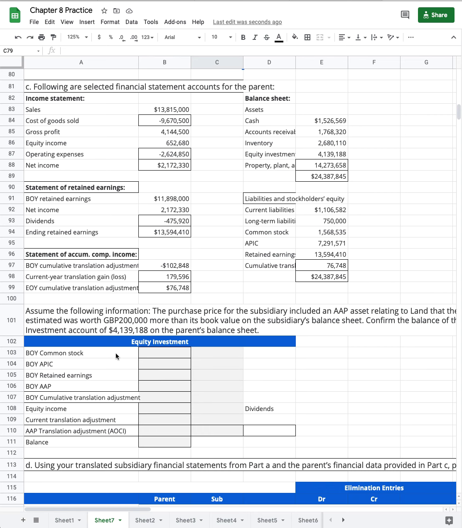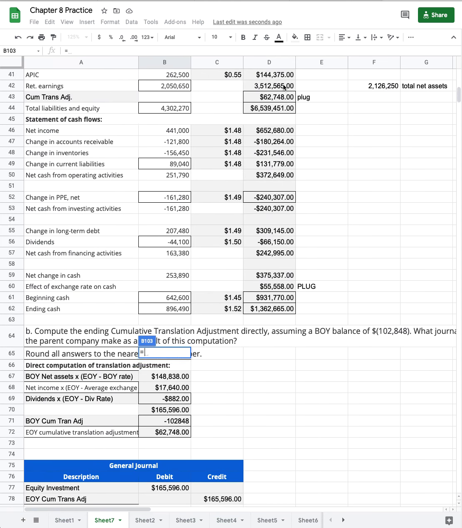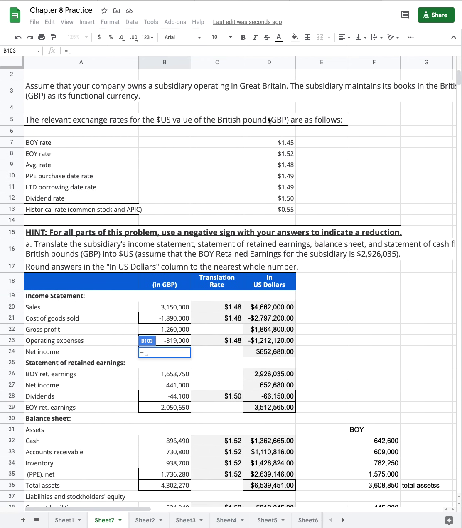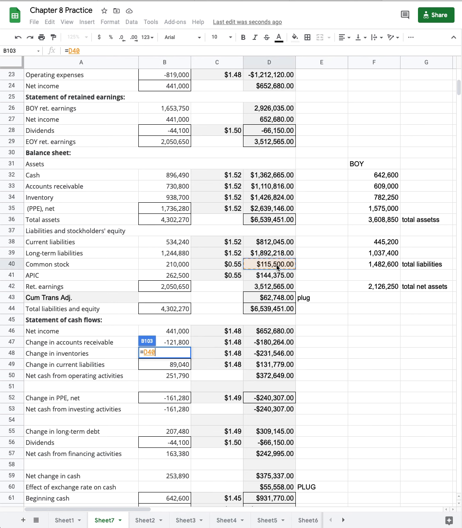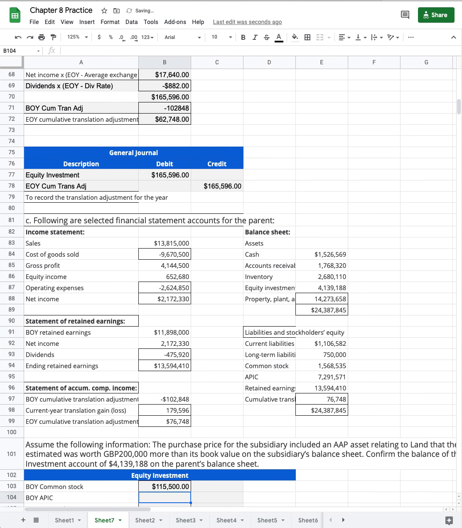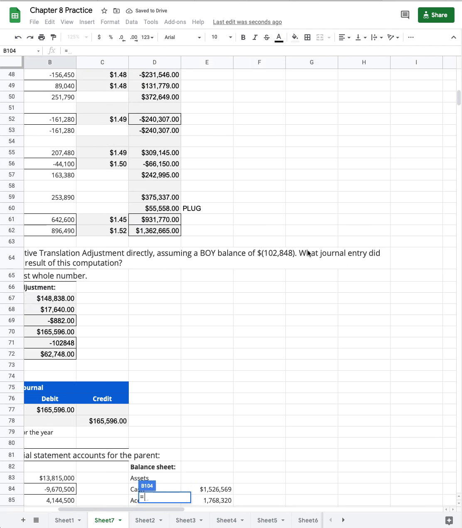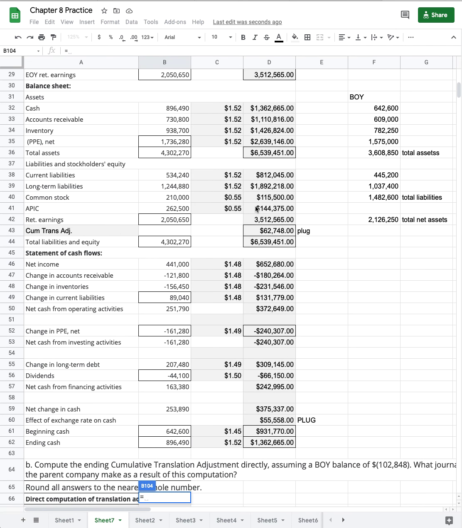And so they already gave us these accounts here, and we're really pretty much just going to plug the information in. So we'll start with our beginning of year common stock, and we're going to reference out of the US dollars side now. So we have common stock of 115,500. Our APIC of 144,375.